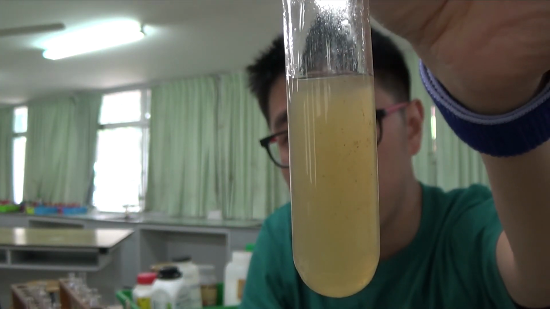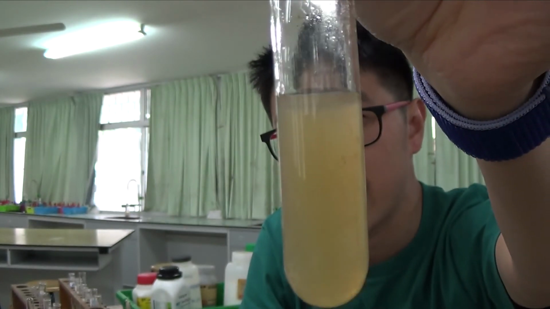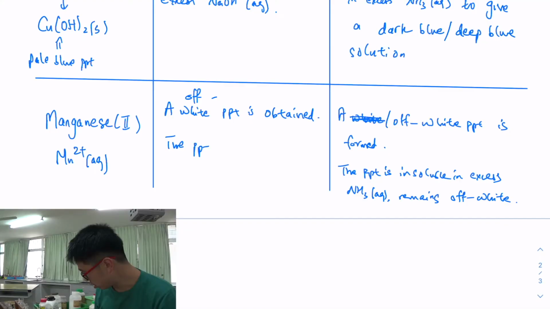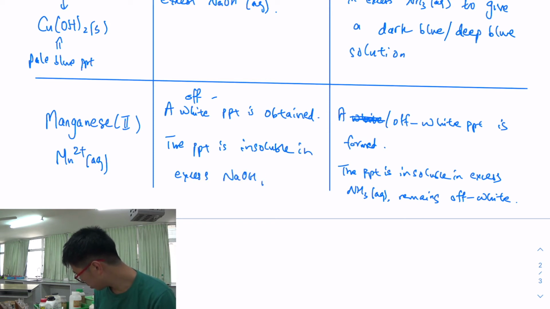Again, use a white background, like a white tile or something, if you can't see it properly. Okay, this is manganese 2+ in the presence of hydroxide, and then I added excess. The precipitate remains insoluble. So the off-white precipitate remains insoluble in excess NaOH aqueous. Okay.